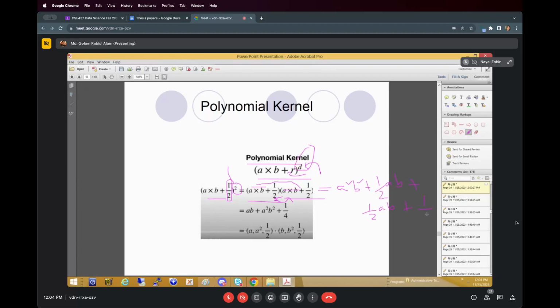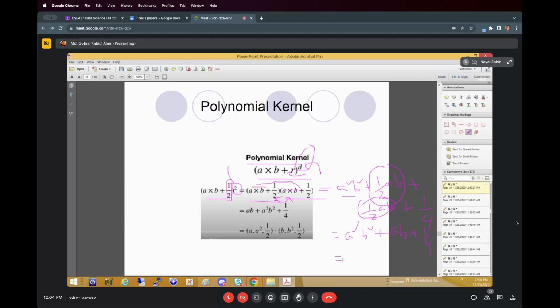So from here we can write a square b square, plus half ab and half ab, that is 1 ab, plus 1 by 4.